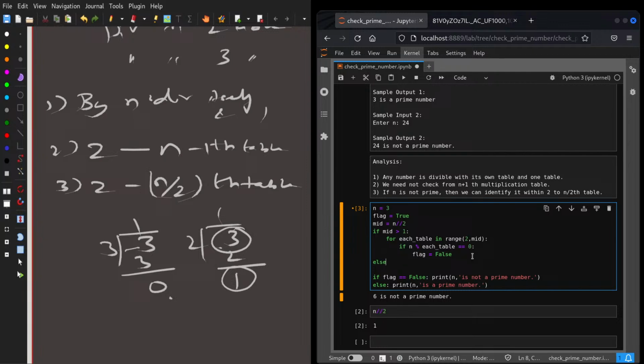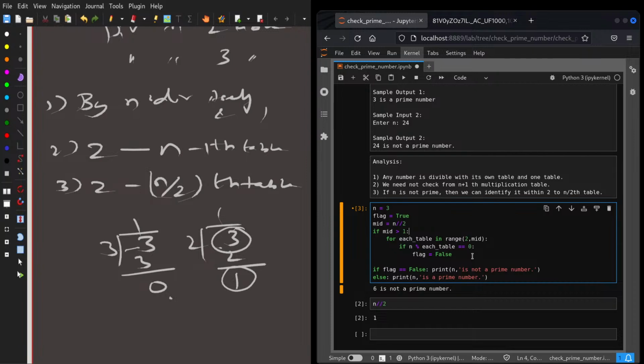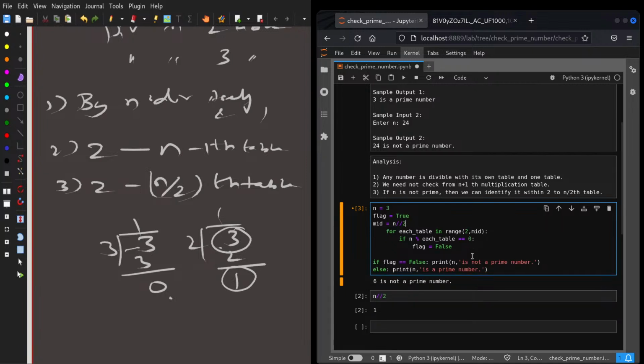We can adjust it there itself, in the if itself, just by giving +1. Because a range will generate: if we give 5, then it will generate till 4, isn't it? When we give 2, then it will generate till 1.